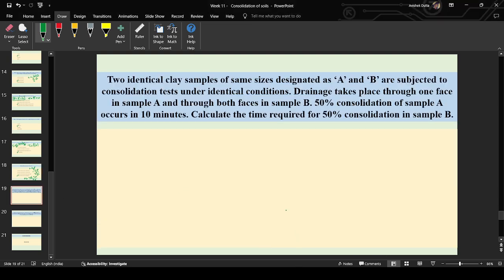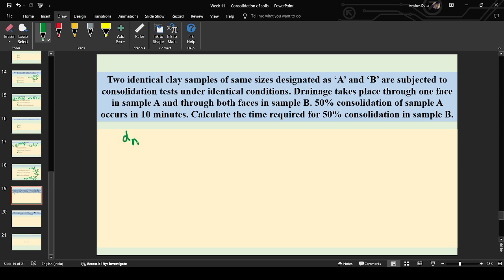Identical samples of clay designated A and B. Here also, same clay samples. Okay. 50% consolidation of A and the same for B. So U is constant, TV is constant. In the first case, the sample thickness is not given.